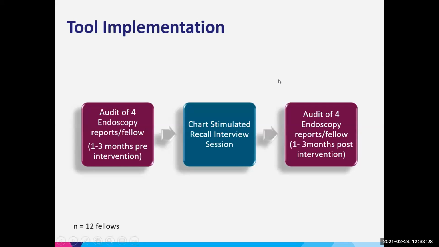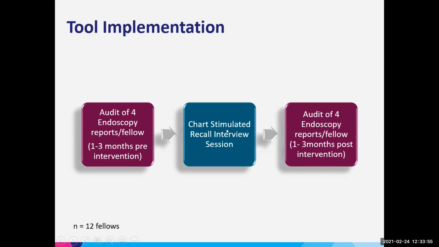Now for the actual implementation, we did this in 3 steps. So firstly, we used the worksheet for auditing the endoscopy report. We selected 4 cases per fellow that had been done in the 1 to 3 month period prior to the institution of this intervention. We scored each of those reports using our endoscopy report audit worksheet.